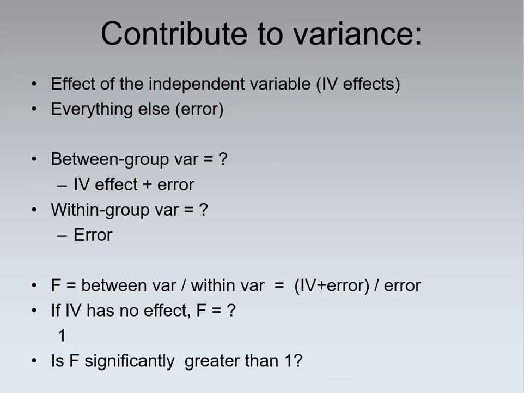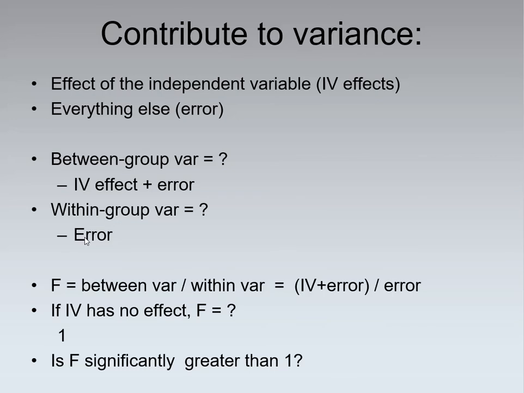Next we have what's called the F ratio. That's this F right here, where F equals the between group variance over within group variance, which can also be thought of as the independent variable effect plus error over error.